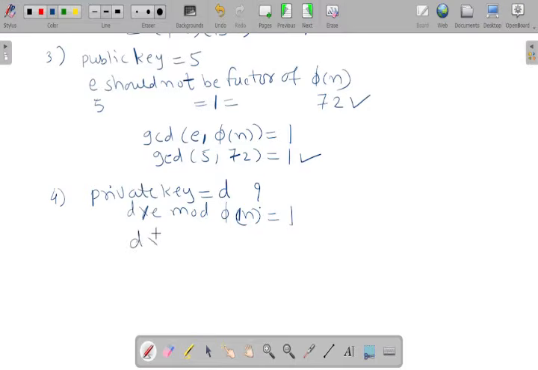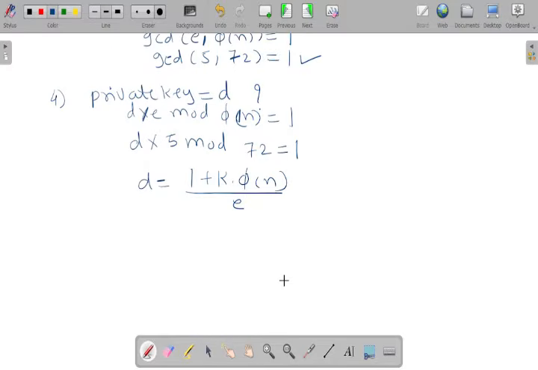So the value of D into E, that is 5, mod 72 equals 1. The formula for D is equal to 1 plus K into phi of n divided by E, but this formula should not be used here. We are using the extended Euclidean algorithm method to calculate our private key D.